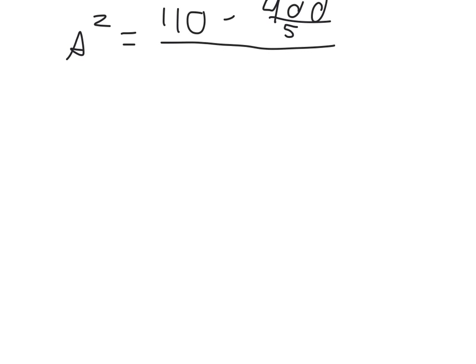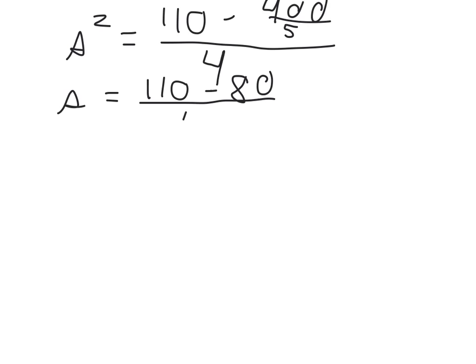All right, so let's change the page. And that's going to be 110 minus 400 over 5, all over 4, or 110 minus, let's see, 400 over 5 should be 80, over 4.